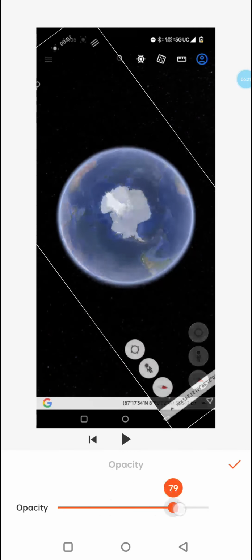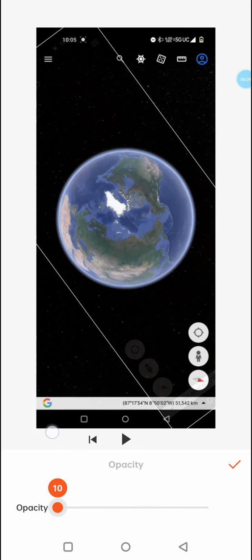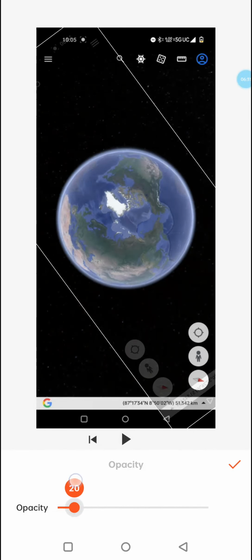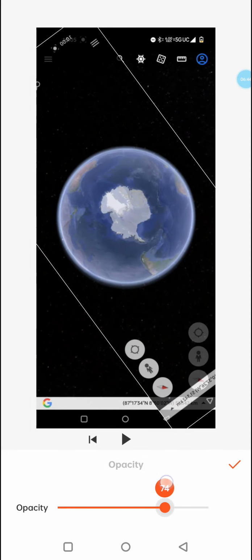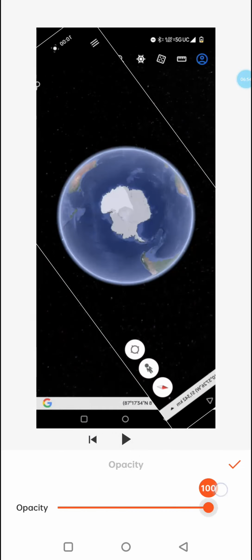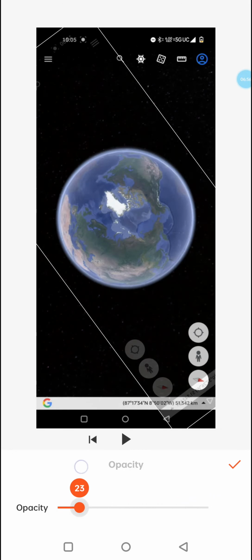So what I could do is I just want to show y'all what North America would look like compared to it. I think it would be yeah, that's about right there. It's about right.